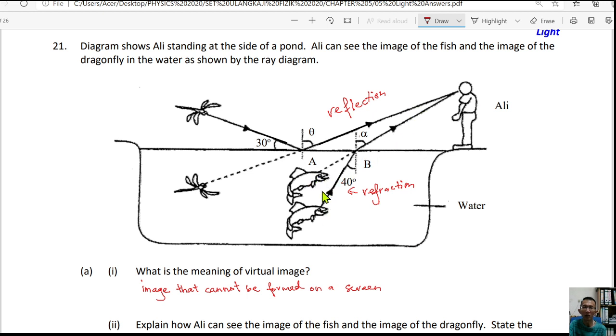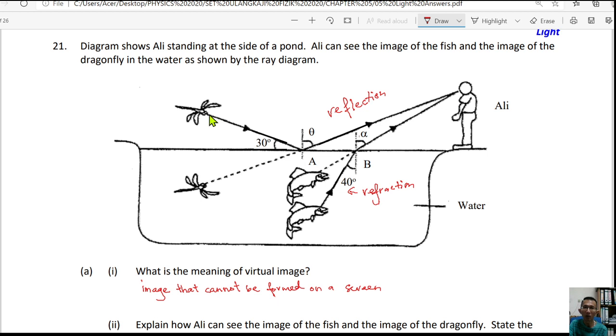Okay, the light ray from the fish in the water emerges out from the water and goes into Ali's eyes. So the ray is moving from water to the air, different medium, so that must be refraction.